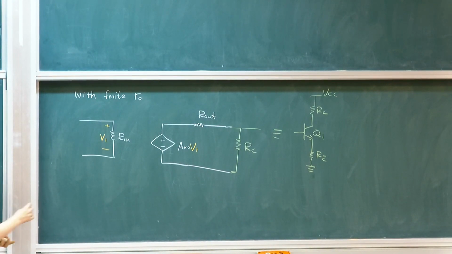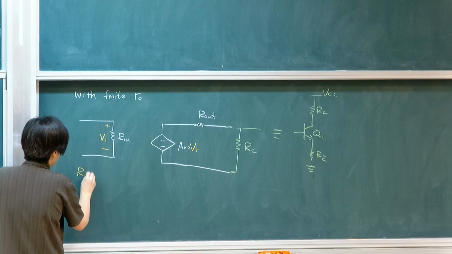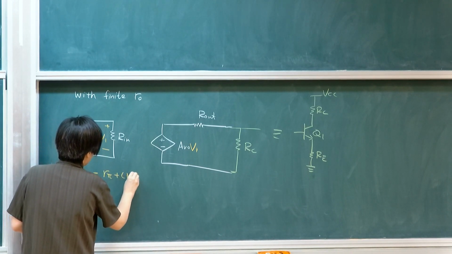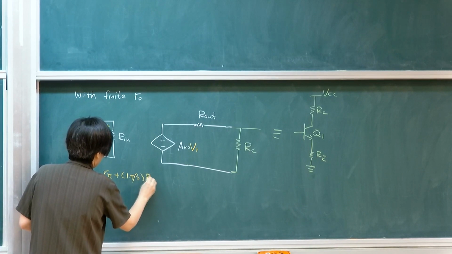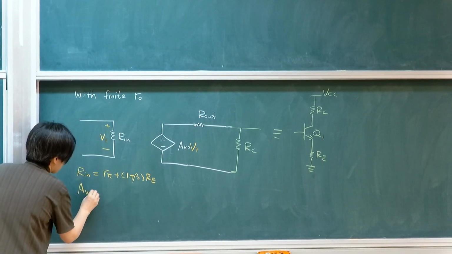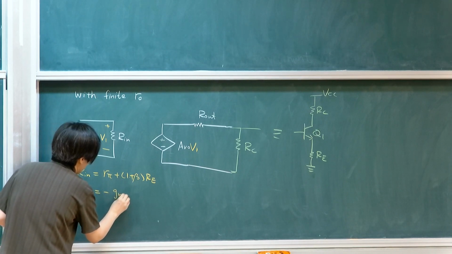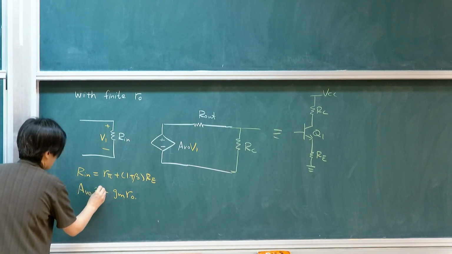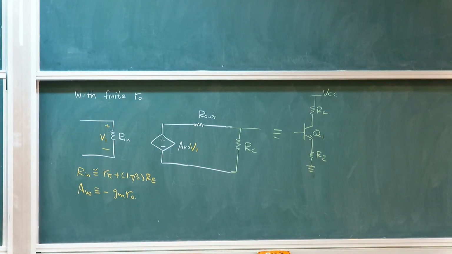So the three parameters: Rin is the same again. It's R pi 1 plus beta Re. Your AVO will still be minus GMRO, approximately. These are approximate; it's going to use an approximate number.